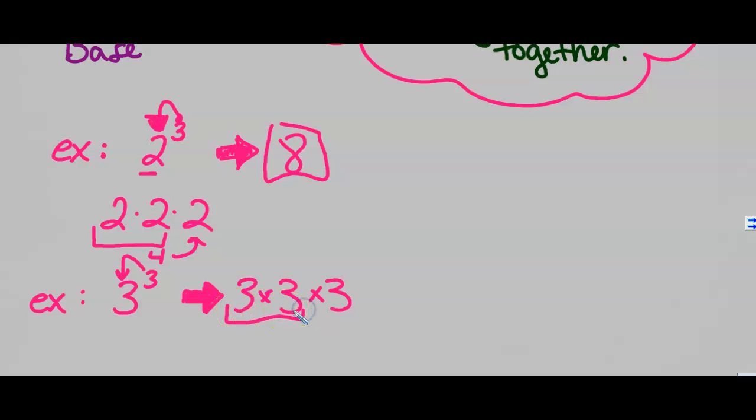So 3 times 3 first, that gives us 9. And then we bring that other 3 down. 9 times 3 gives us our final answer of 27. Okay. That's the basic idea of exponents.